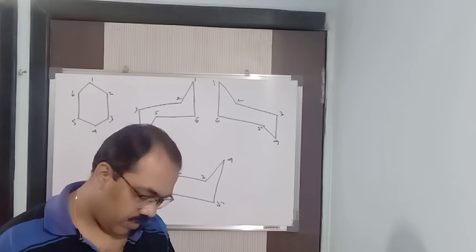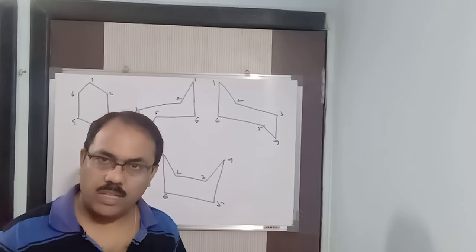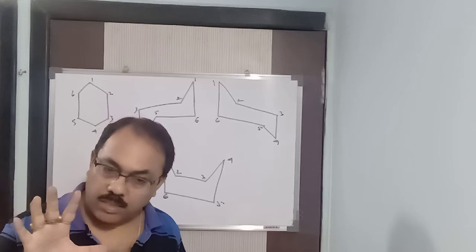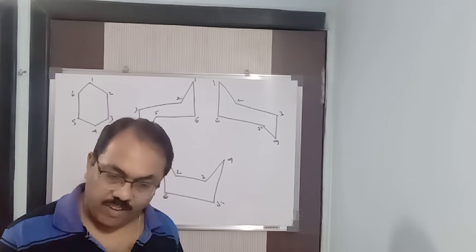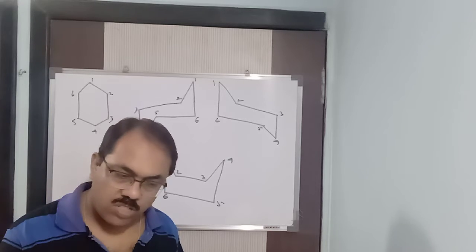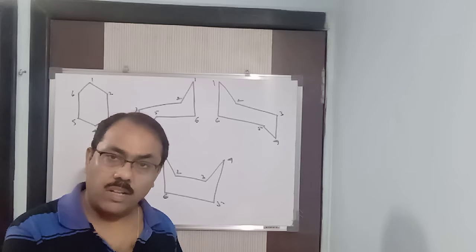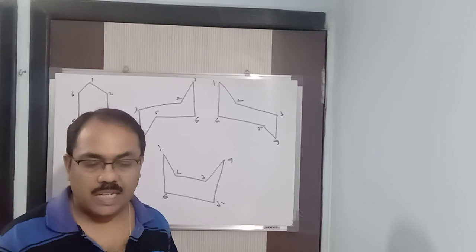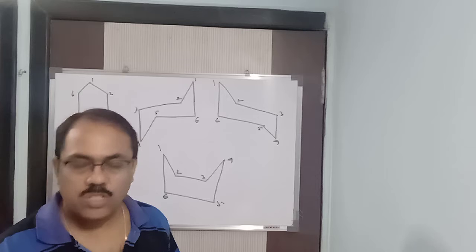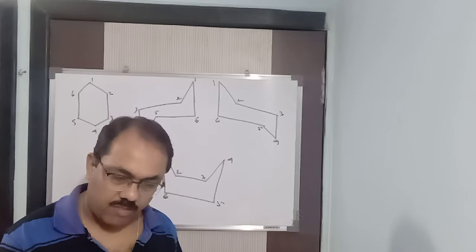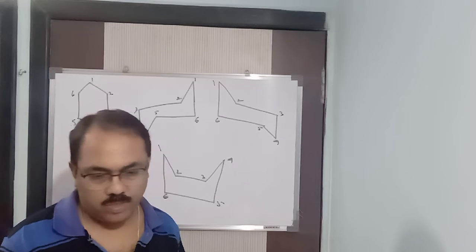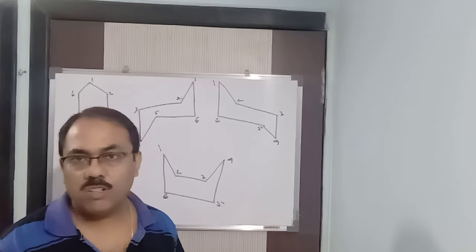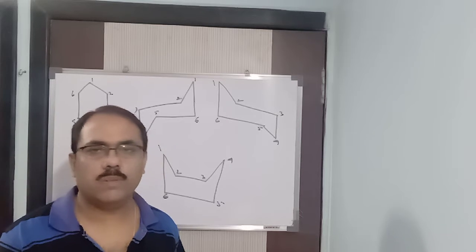Due to this, the conformers of cyclohexane are more stable than cyclopentane, isn't it? Bayer said that cyclopentane is the most stable, because the angle deviation is the least. But later we came to know that it's not the most stable. Cyclohexane is much more stable than cyclopentane.